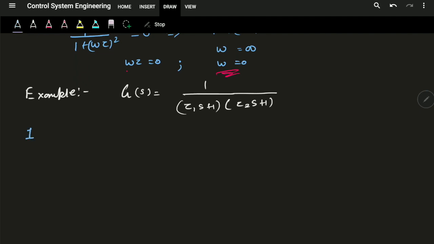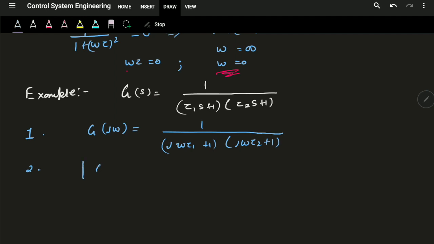Step 1 says that I have to represent it with j omega, so G(j omega) equals 1 upon (j omega tau 1 plus 1)(j omega tau 2 plus 1). The second step says that I have to represent the magnitude and the phase of the system.